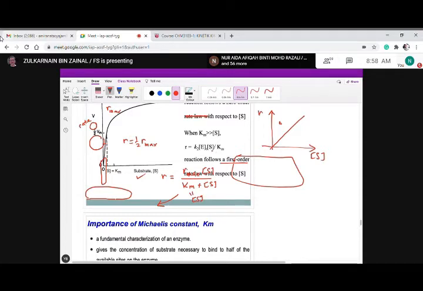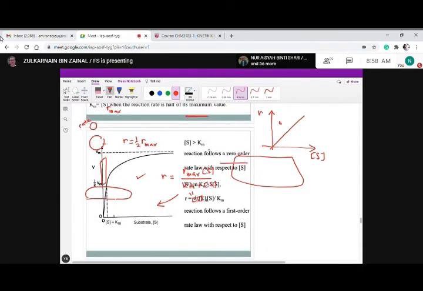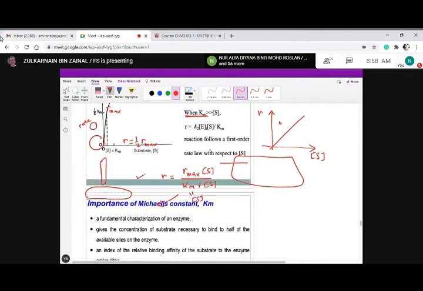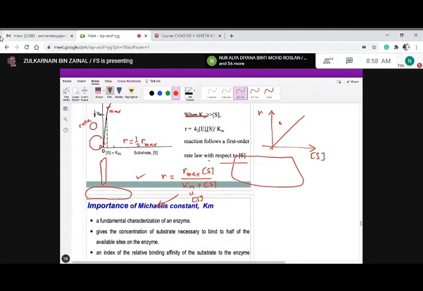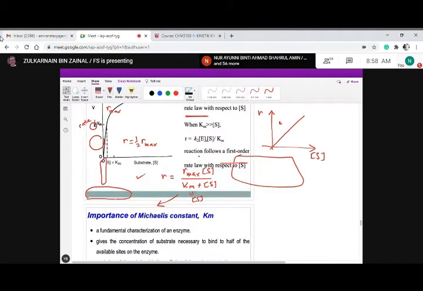So at concentration where Km is far larger than S, you have a combination of zero and first order reaction depending on what stage of the reaction.